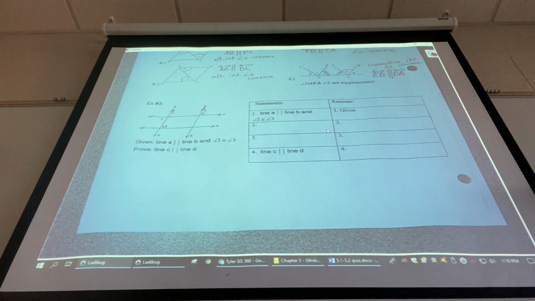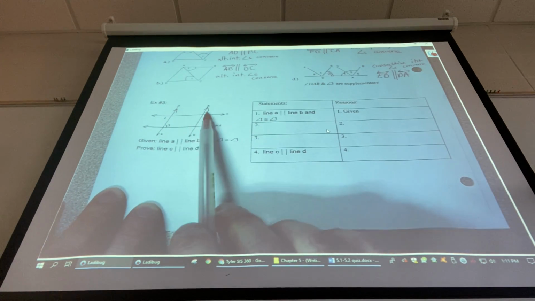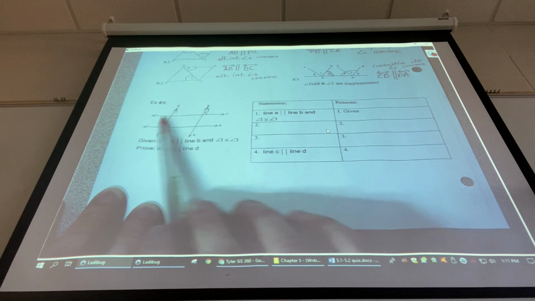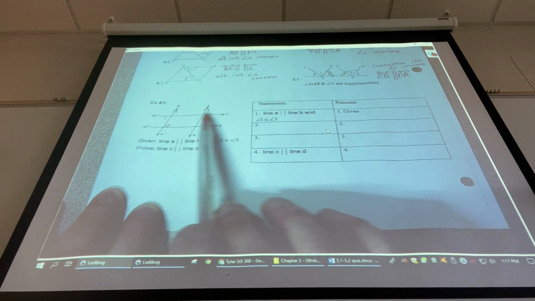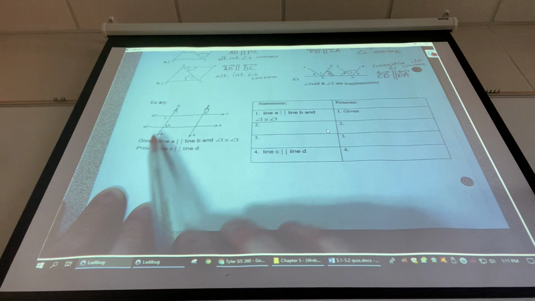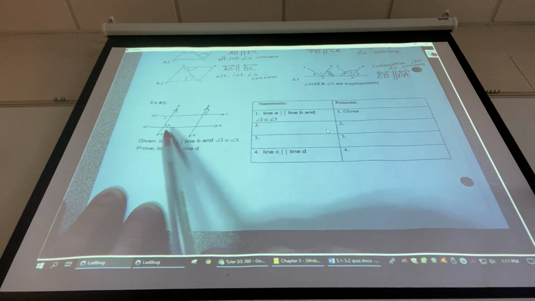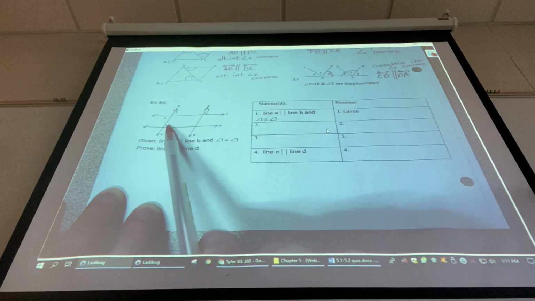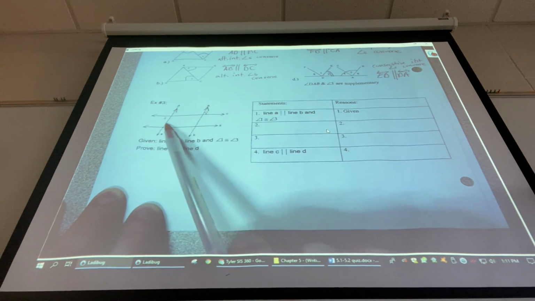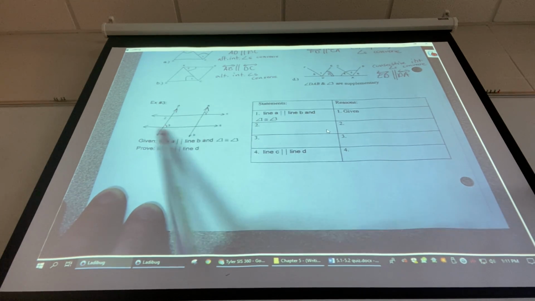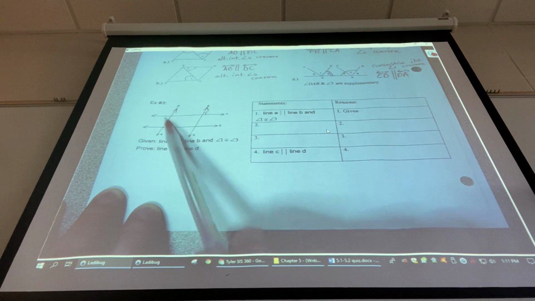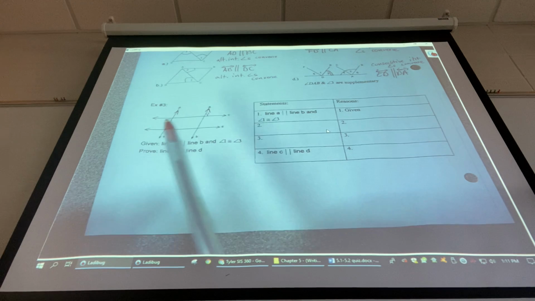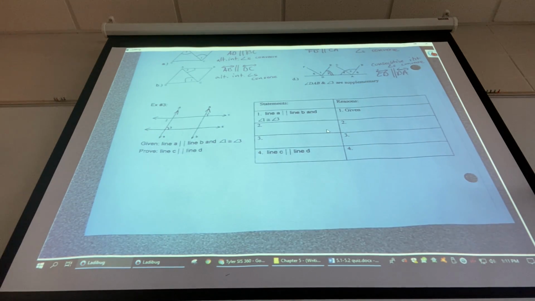We do alternate exterior angles to get this one, and then we'd have them all the same, right? But our goal, I think, is we'd have to write out that 2 is congruent to 3, because then wouldn't that prove that C and D are parallel? By which one? To do that, it would be alternate interior angles converse. Yeah, okay, so I think we can get there. So I agree with our first step.